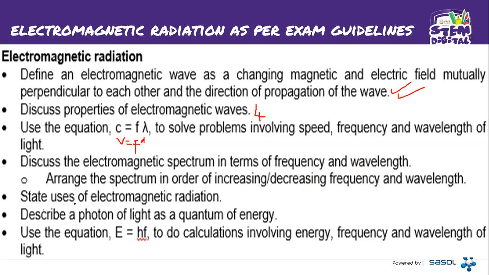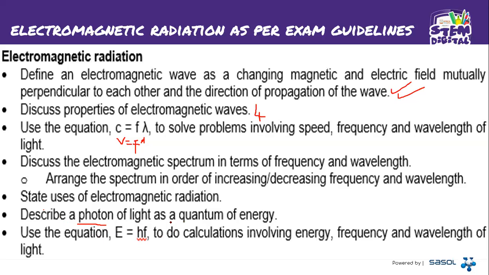Furthermore, for each electromagnetic wave, we must be able to give its uses altogether. And for a couple of them, we must be able to give the disadvantages of those electromagnetic waves. Another important definition in this section is where you are able to define what a photon is.